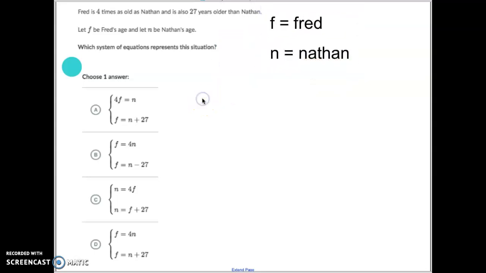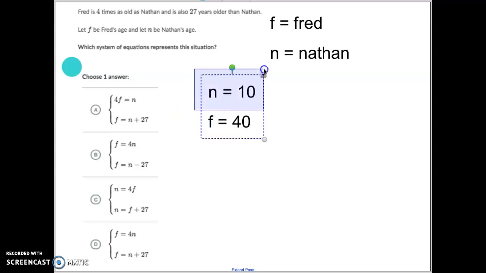Now, Fred is 4 times as old as Nathan, which means, think about it for a second. If Nathan were 10 years old and Fred is 4 times older, Fred would equal 40, correct? So Fred, F, is equal to N times what? F is equal to N times 4, right?